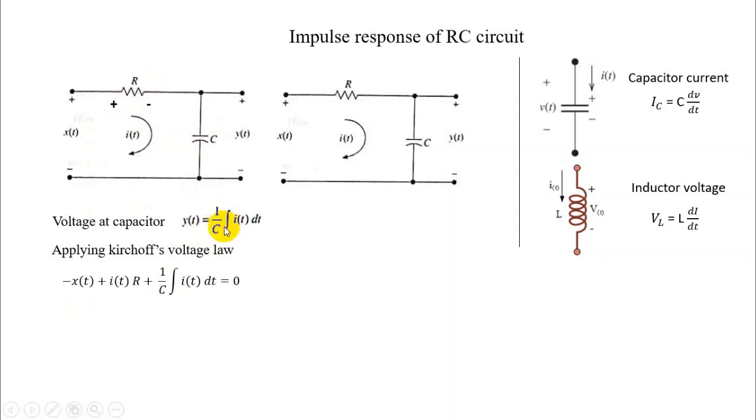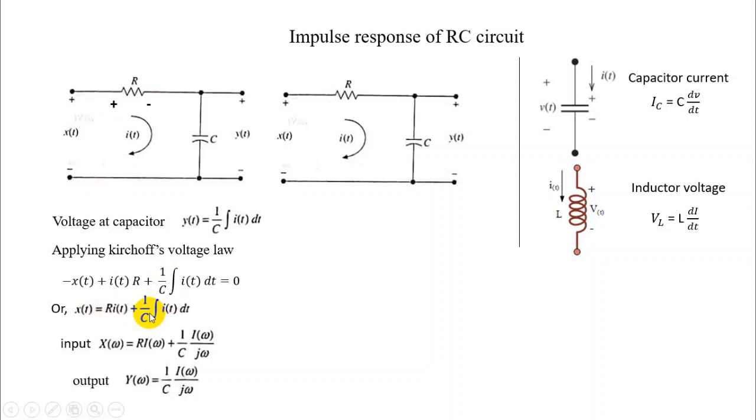So this is Kirchhoff's voltage law for this loop, and x(t) can be written from this equation. So this is the output, and to determine the transfer function, we need to take the ratio between the output and input.